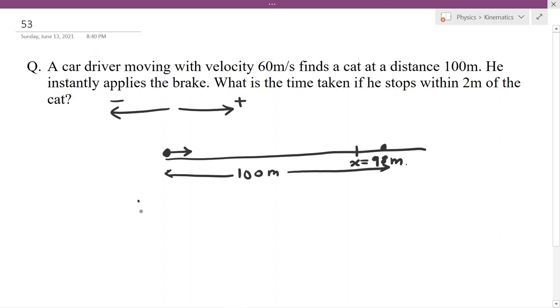Now we know V is equal to 0, that is the final velocity. U is equal to 60 meter per second, and that is positive because it is in the right direction. And what is S? S is 98 minus 0, that is x final minus x initial, the final position minus initial position. So this is 98 meter.